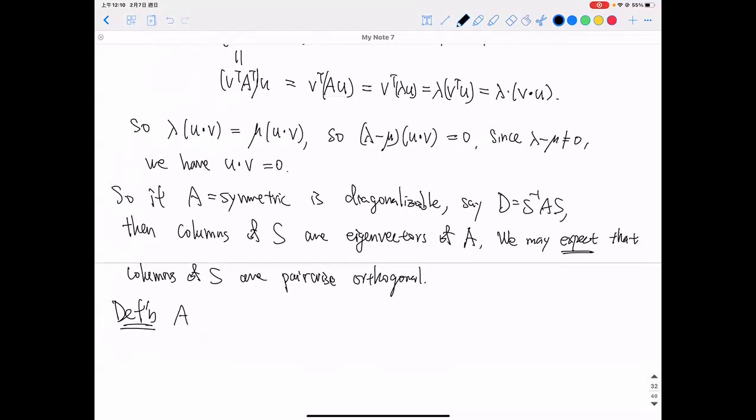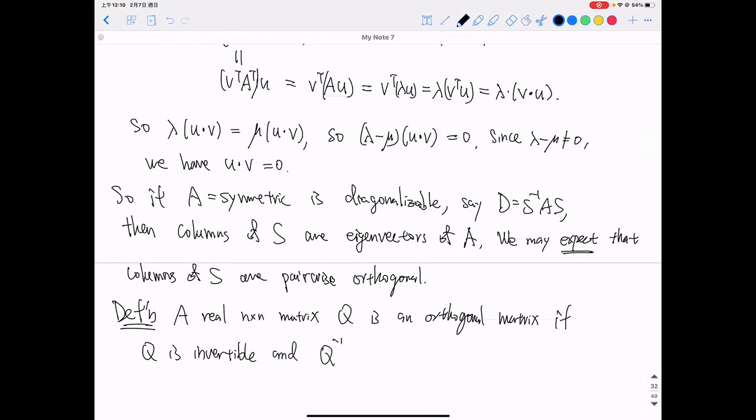In the definition, a real n by n matrix Q is an orthogonal matrix if Q is invertible and Q inverse is Q transpose.